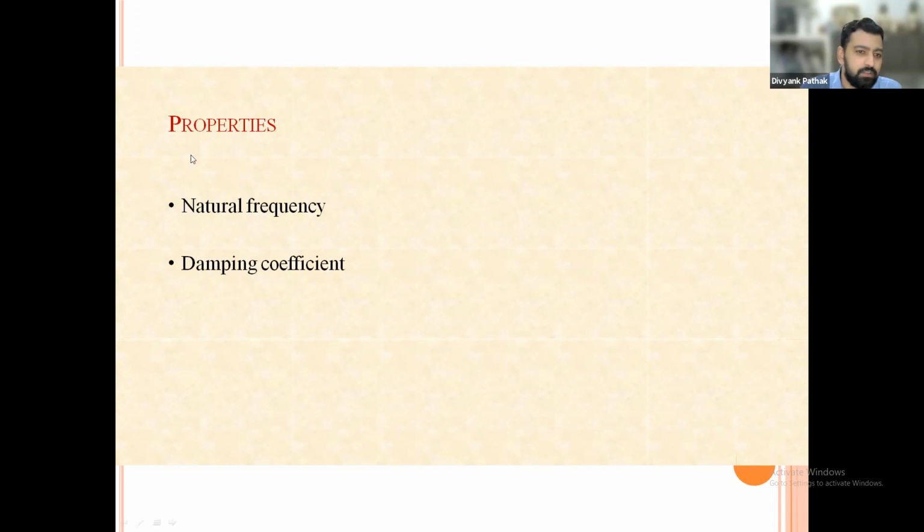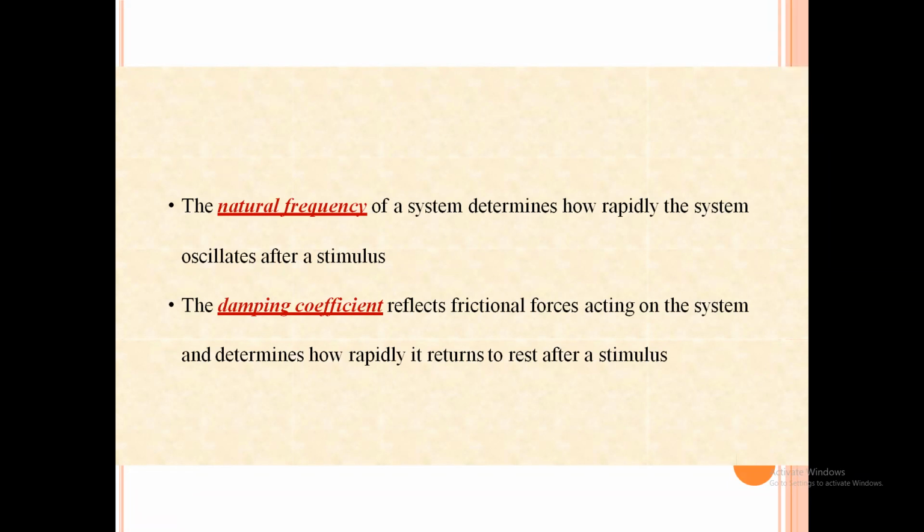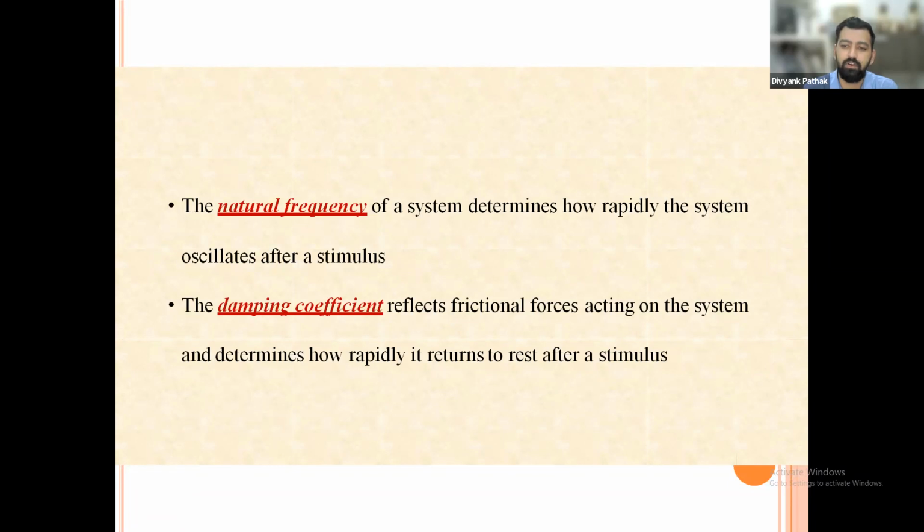So the properties are natural frequency and damping coefficient. The natural frequency of the system determines how rapidly the system oscillates from a stimulus. So natural frequency is the frequency of the system, how rapidly it oscillates. And the damping coefficient is the friction.